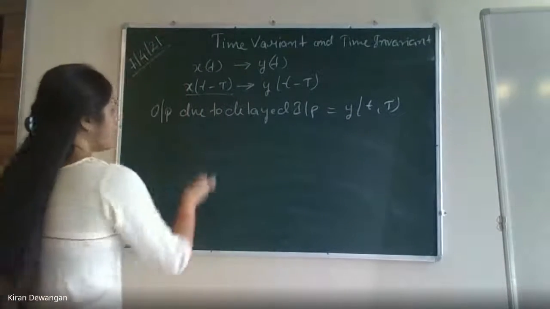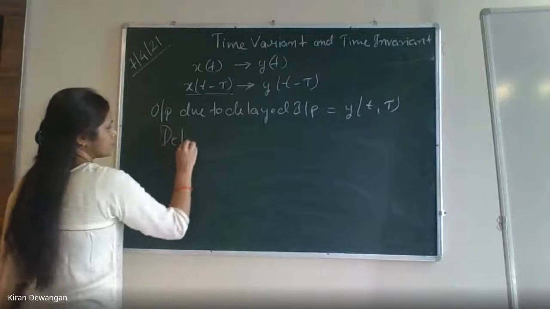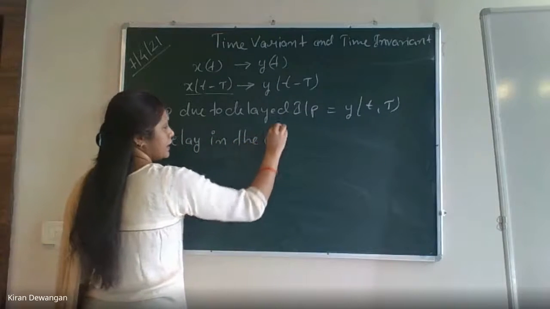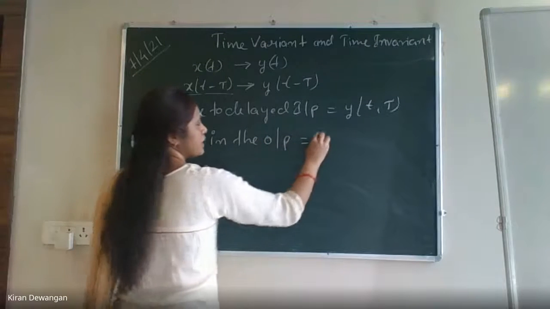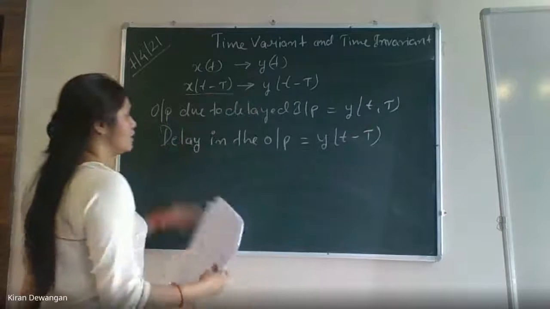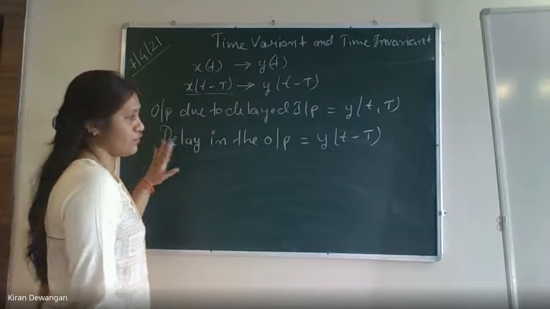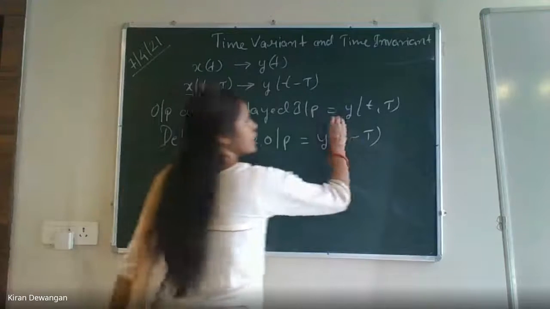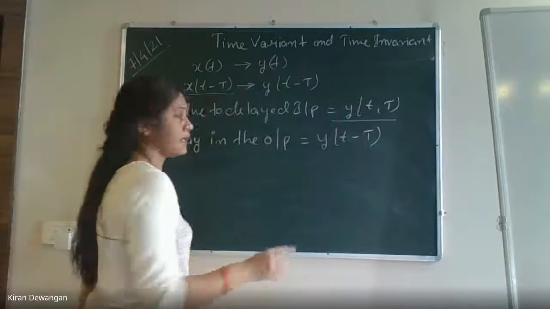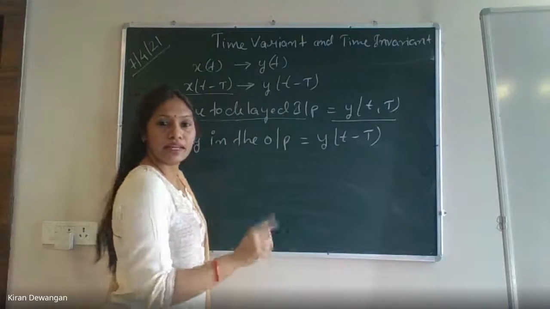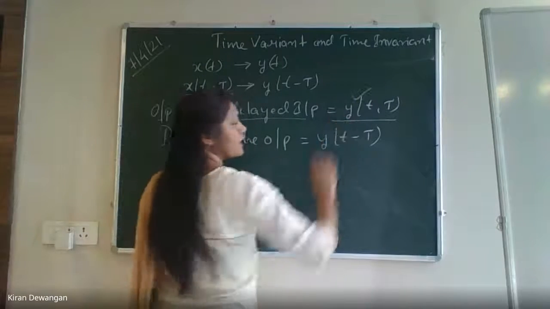Now delay in the output will be denoted by y(t minus T), that is, if we are delaying the output itself.